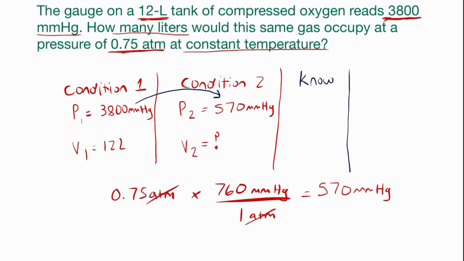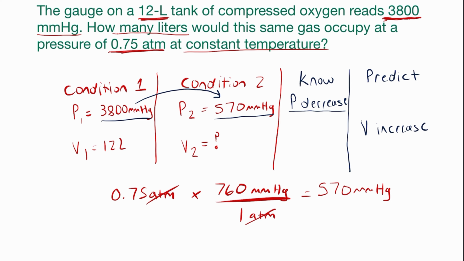So what we know is that the pressure will decrease because this pressure is lower than this. And how about our prediction? So since the pressure is decreasing, we can assume that the volume will increase.